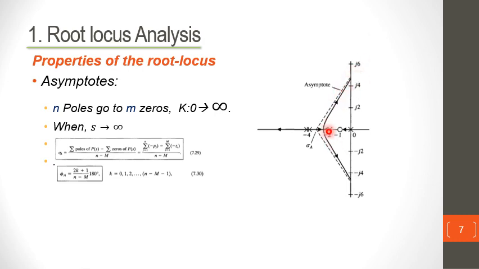For instance, in this case, we have one asymptote here. As it goes to infinity, it will tend to follow this horizontal line, so the horizontal line here is an asymptote. As this one goes up towards the top left, it will approach this asymptote, which is shown by a dotted line.